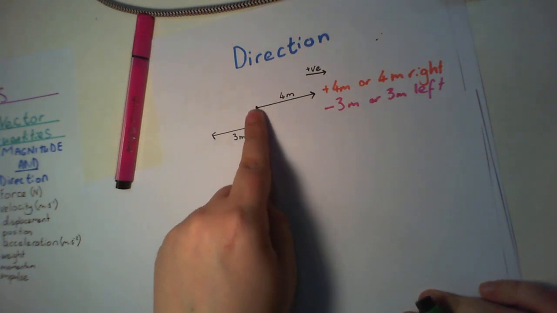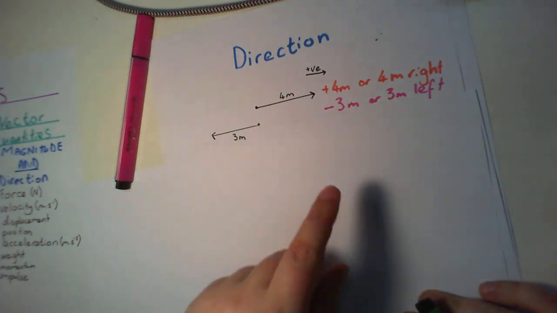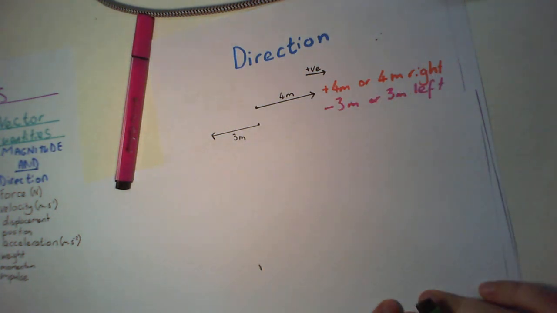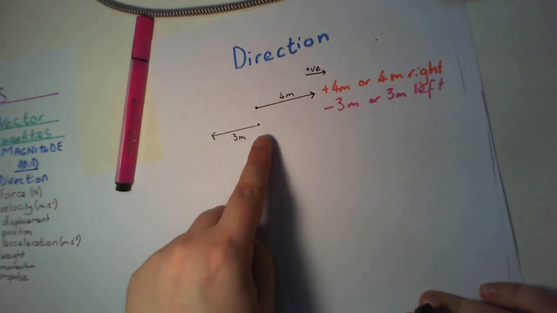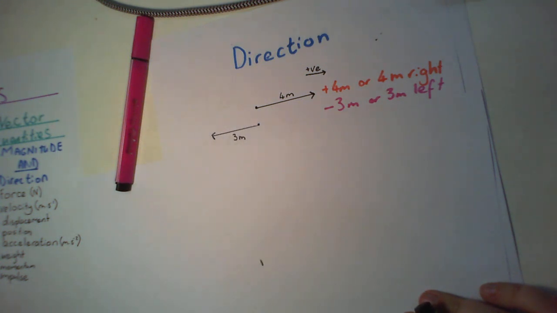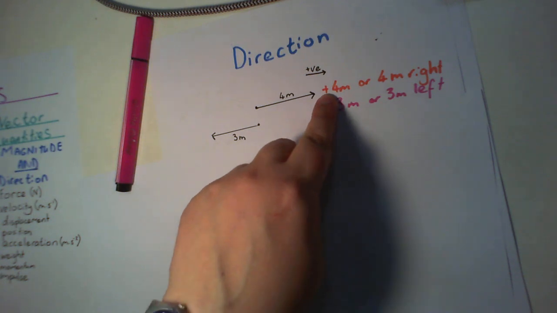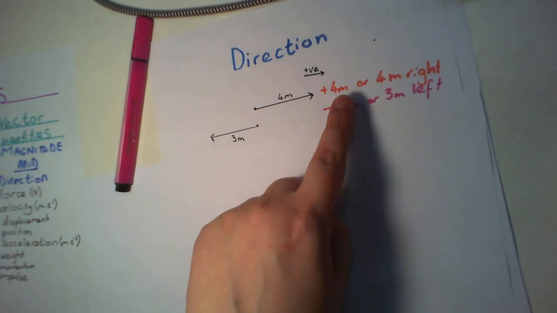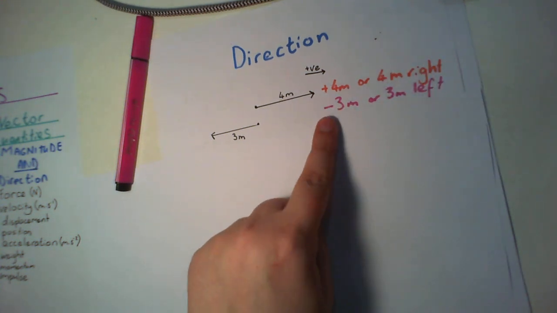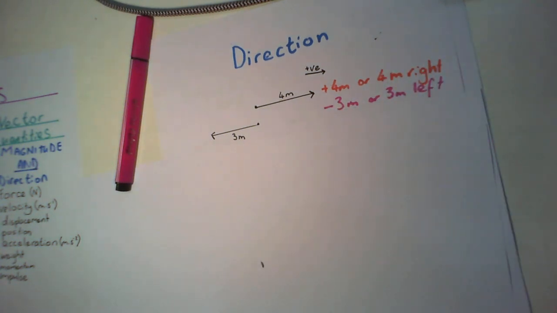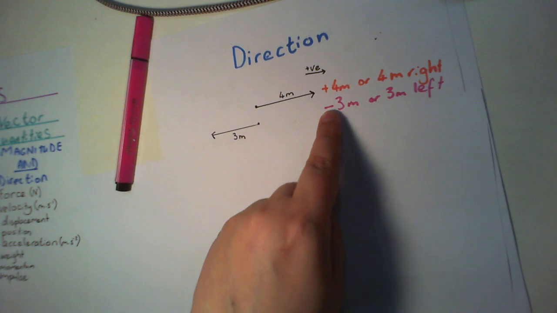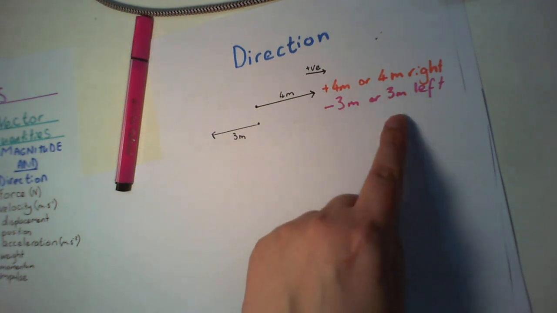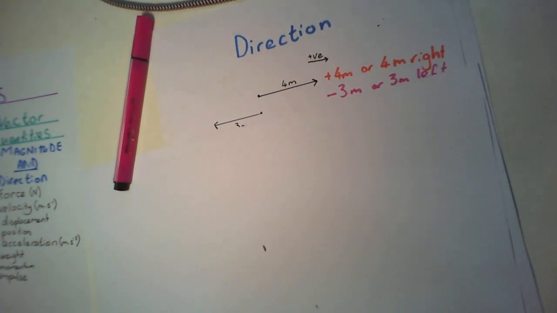In this case, we have a vector which is 4 meters to the right, and another vector which is 3 meters to the left. Note that we need to convert our sign to a direction. In this case, the positive has become right and the negative has become left. We no longer say negative 3 meters, we say 3 meters left.